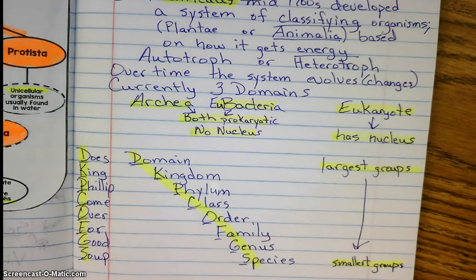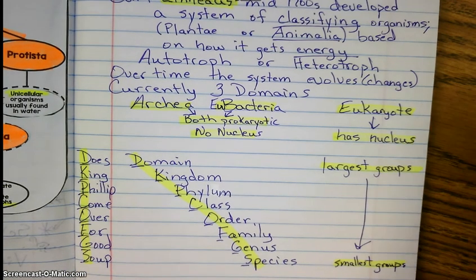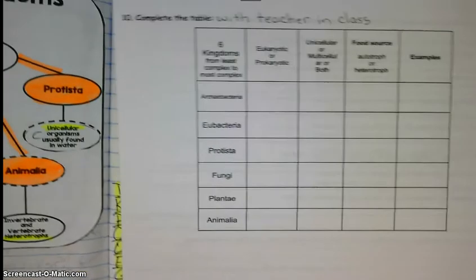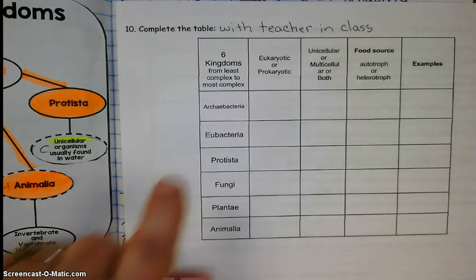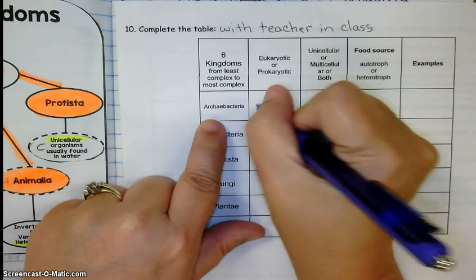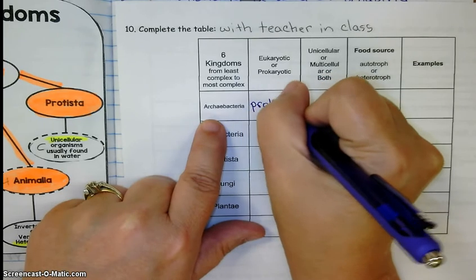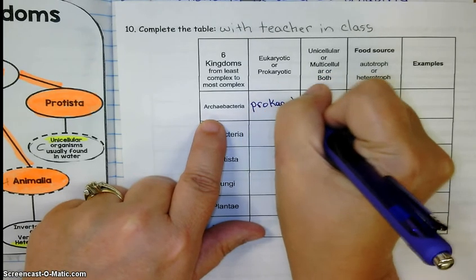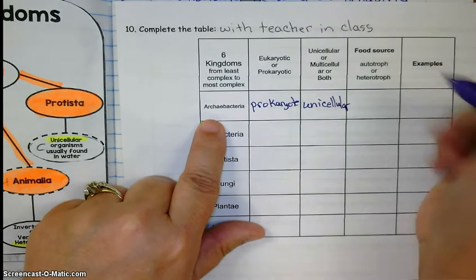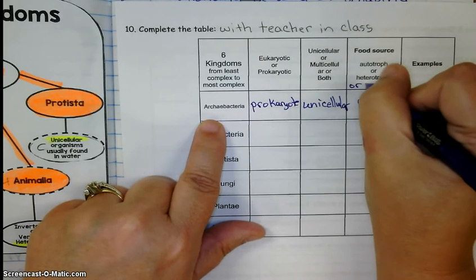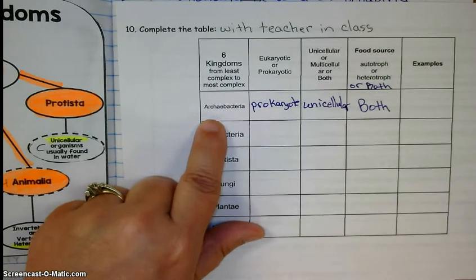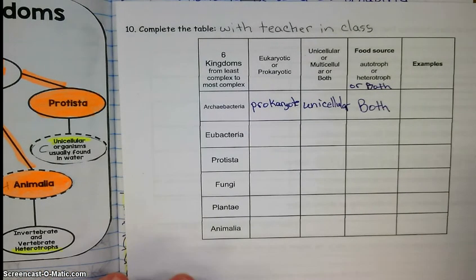All right, now we're going to look at the back of your study guide, and we're going to use page 8 to complete this. So when we look at archaebacteria and you look on your chart, you'll notice that it is a prokaryote and it is unicellular, and it can be both autotroph or heterotroph, not individually, but some of them are autotrophs, some of them are heterotrophs.